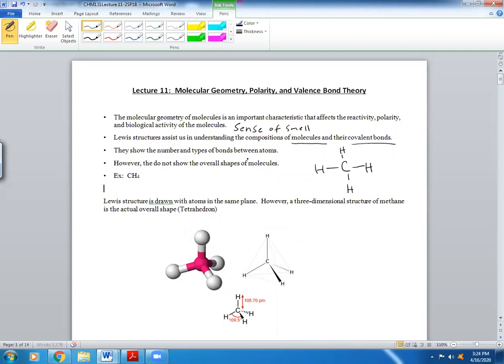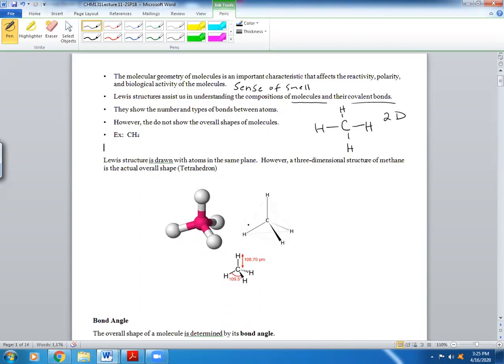So they show us the number and types of bonds between atoms. However, they don't actually show us the overall shape of the molecule. This molecule looks to you as if it's flat. This is in two dimensions. You know, we live in a three-dimensional world, so molecules have a three-dimensional structure.